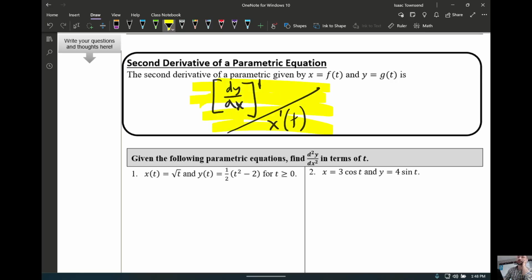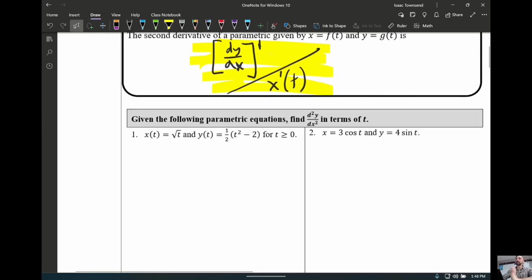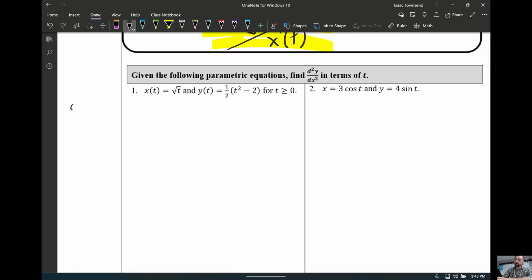Okay, so again, the first part here, dy dx, this is what we did last class, and you're going to go back and finish that other worksheet here in 15-20 minutes or so. So to find dy dx, we took dy dt and divided by dx dt, and if you can simplify it, you probably want to.